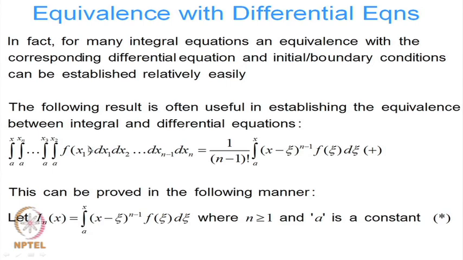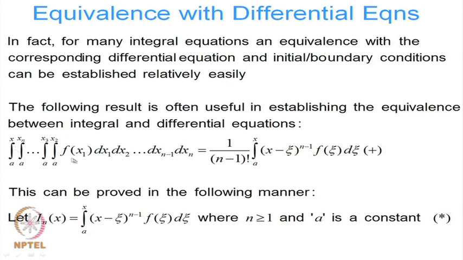And then I integrate that function of x2 again within the limits a and x3. So I am going to get a function of x3, and similarly if I continue to integrate this n times, I get a certain function where my final integration limit is x. So finally I end up with a function of x.